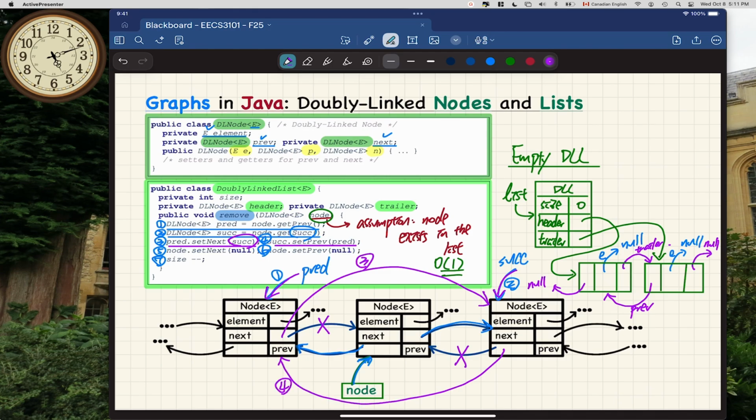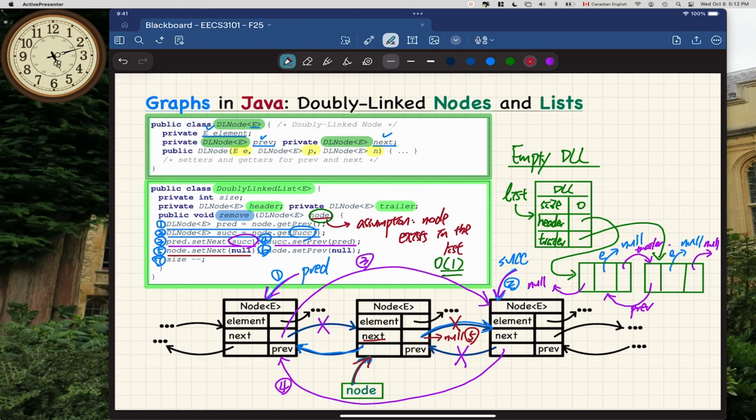Okay, we're almost done. And then number five, we're going to set the next of the node to be null. If you remember, the node is here. The set next to be null. So this one here is number five.